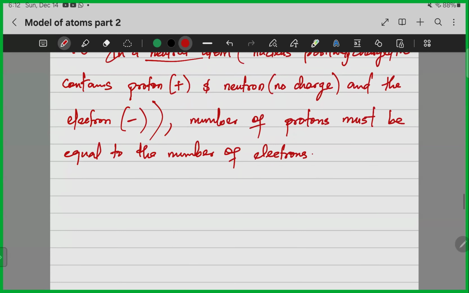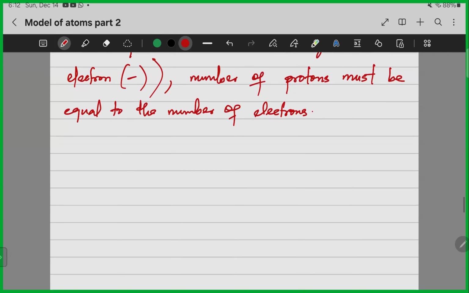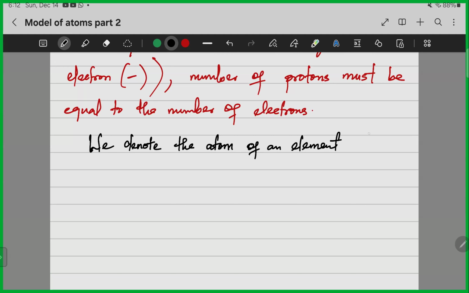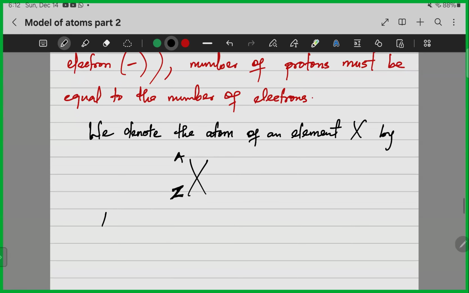That being said, we can now discuss more and say we denote the atom of an element by writing it as A over Z. Note that whenever it is written like that, A stands for mass number.